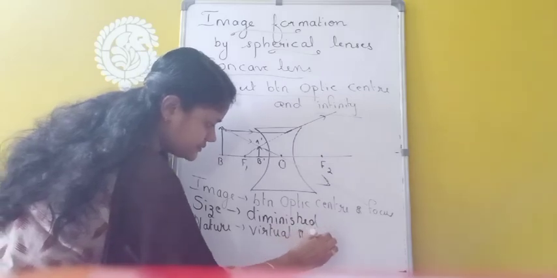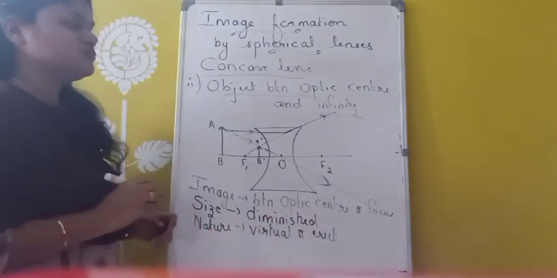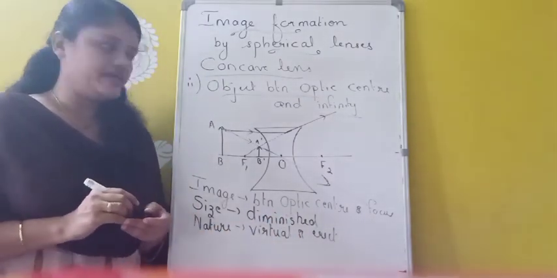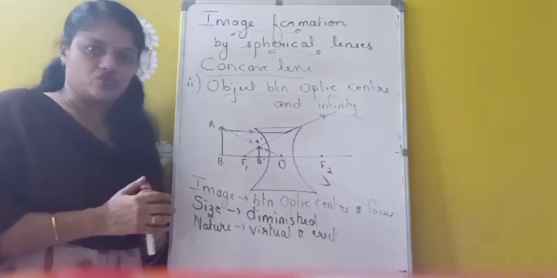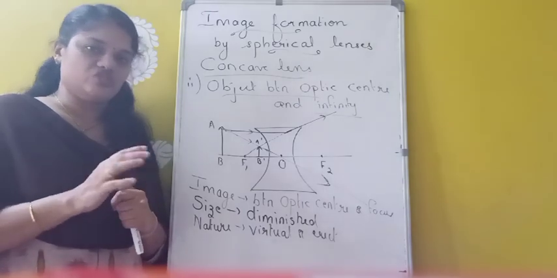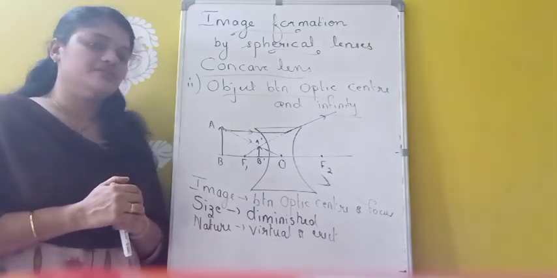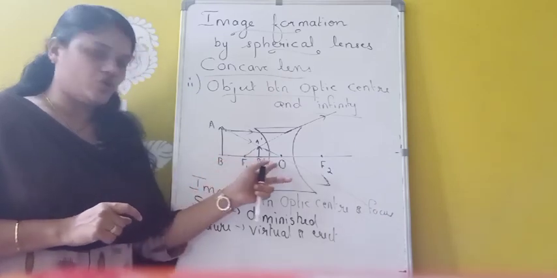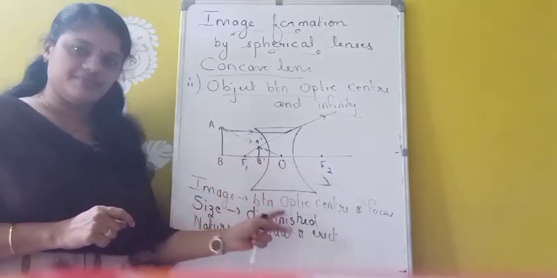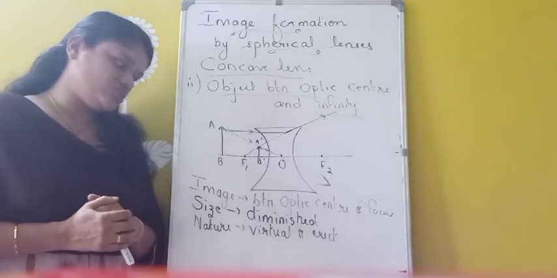Virtual and erect. So in the case of concave lens, we have only two ray diagrams. First one is object is at infinity. The image will be forming at focus. Nature of the image is virtual and erect. And second one is object is between optic center and infinity. The image we are getting between focus and optic center. The size of the image is diminished and nature is virtual and erect.